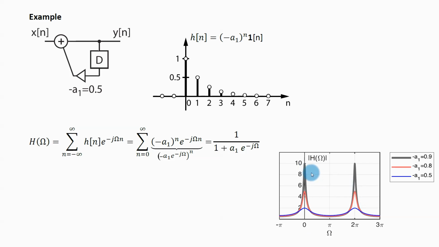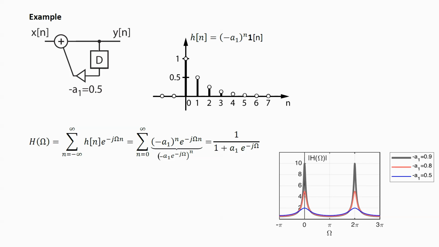To get such a sharp frequency characteristic with an FIR filter, I would have to use a very long impulse response, which would be computationally demanding. With an IIR filter, I can do this with order 1, and in this case, a single multiplication per clock cycle.